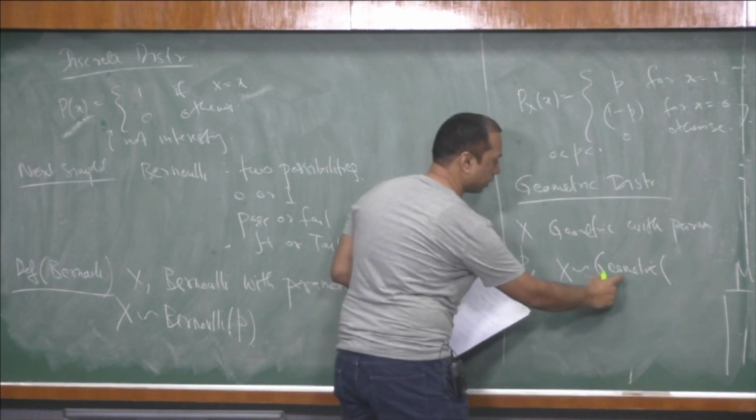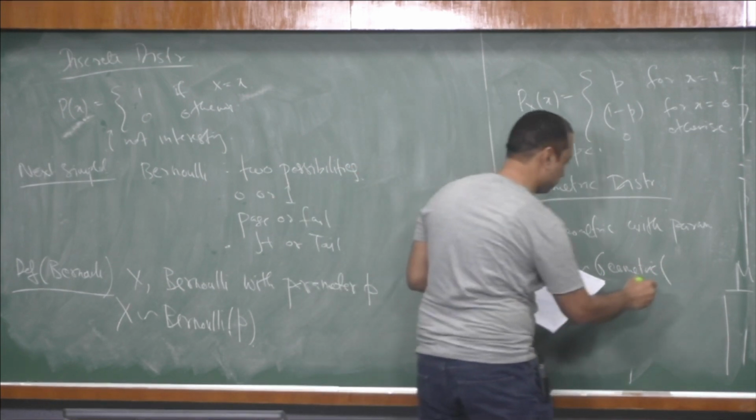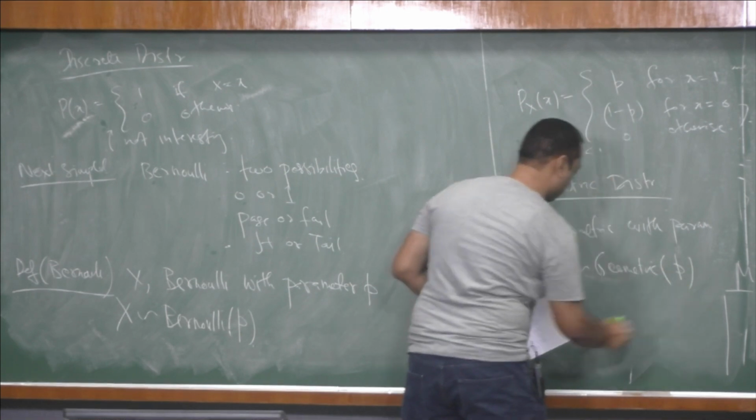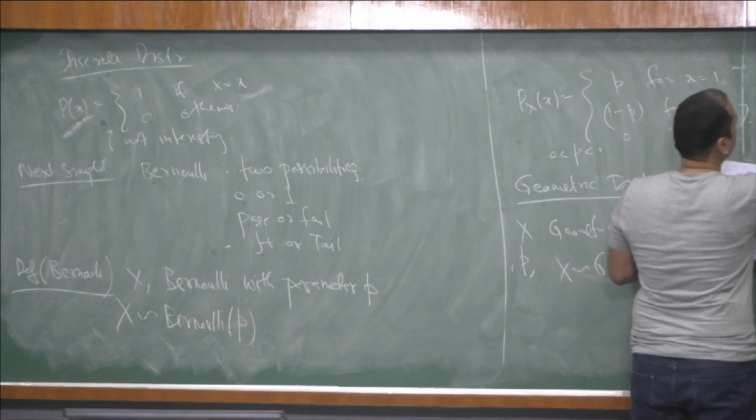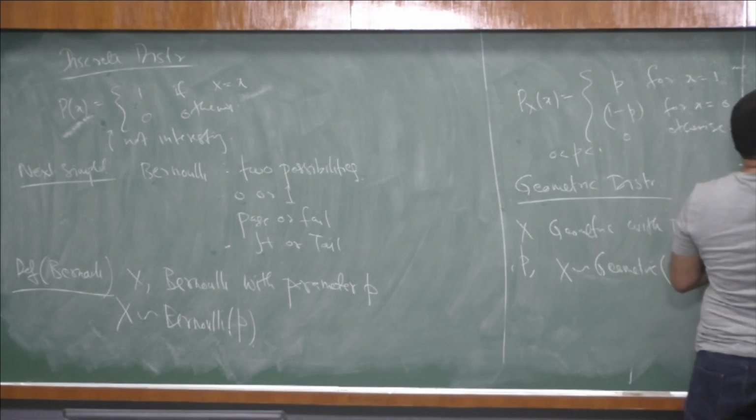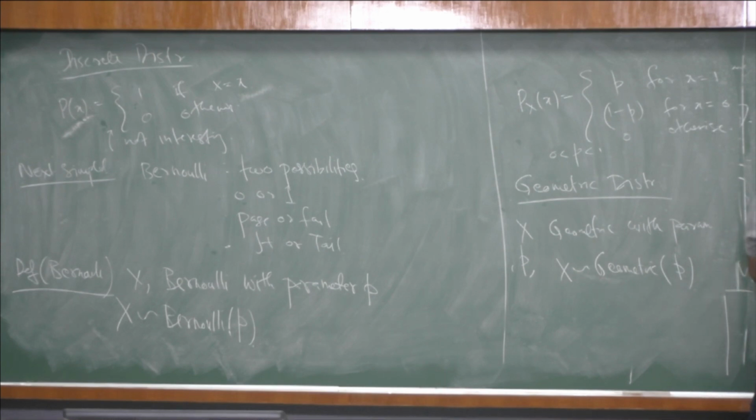Some books write just GEOM or something. So if the PMF, and we must give the PMF, is given by P_X(k) = P(1 - P)^(k-1), for k equals 1 to infinity, and 0 otherwise.